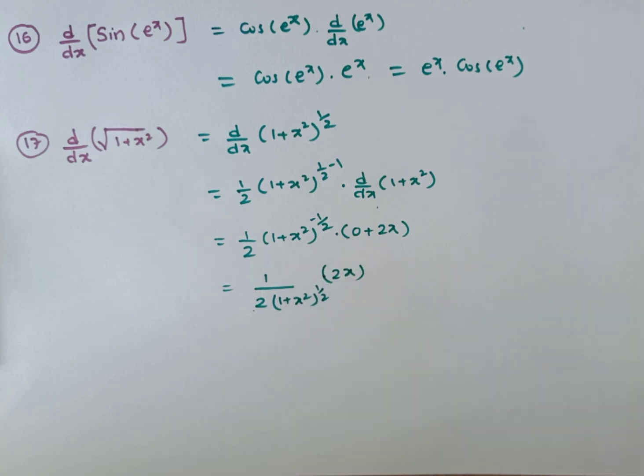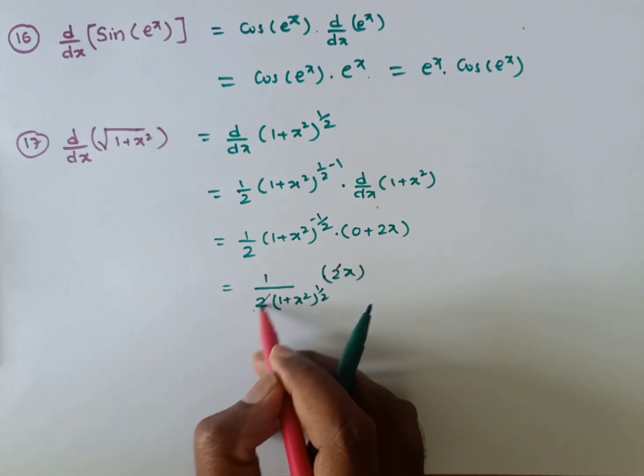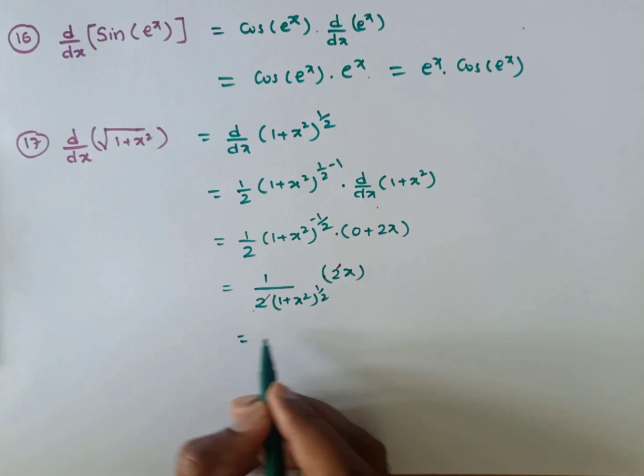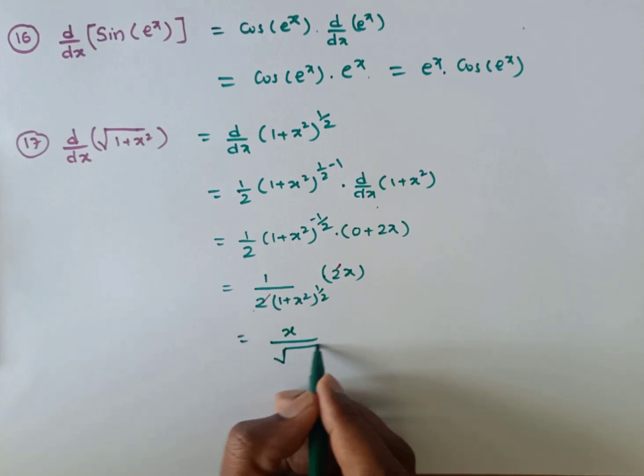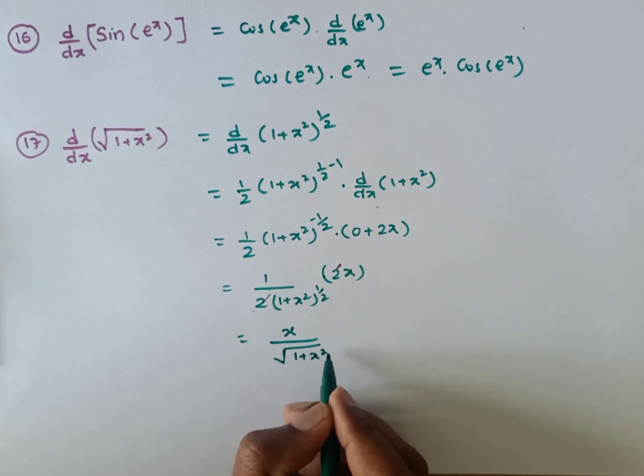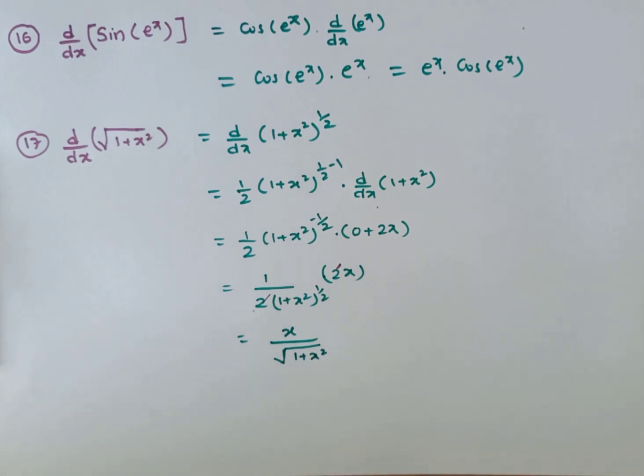Here 2 and 2 get cancelled. Therefore this is x by root of 1 plus x square. That is the derivative of root of 1 plus x square. First you need to apply the derivative for the outer function and then multiply by the inner function.